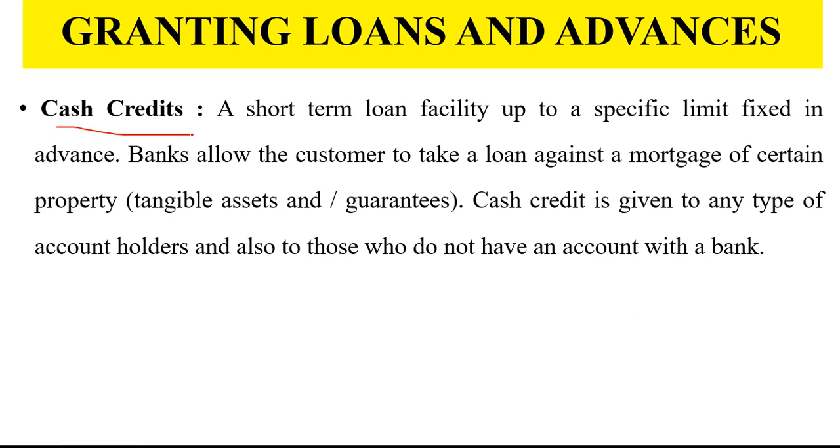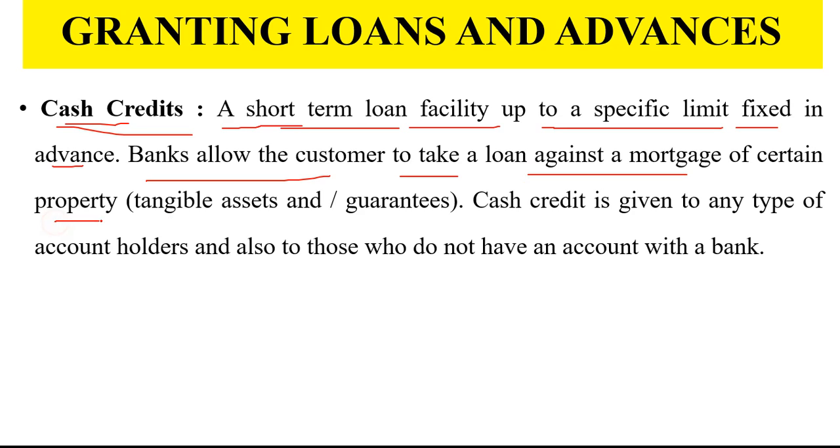Next is cash credit. Cash credit is a short term loan facility up to a specific limit fixed in advance. The bank allows the customer to take a loan against a mortgage of certain property, that is tangible assets or guarantees.